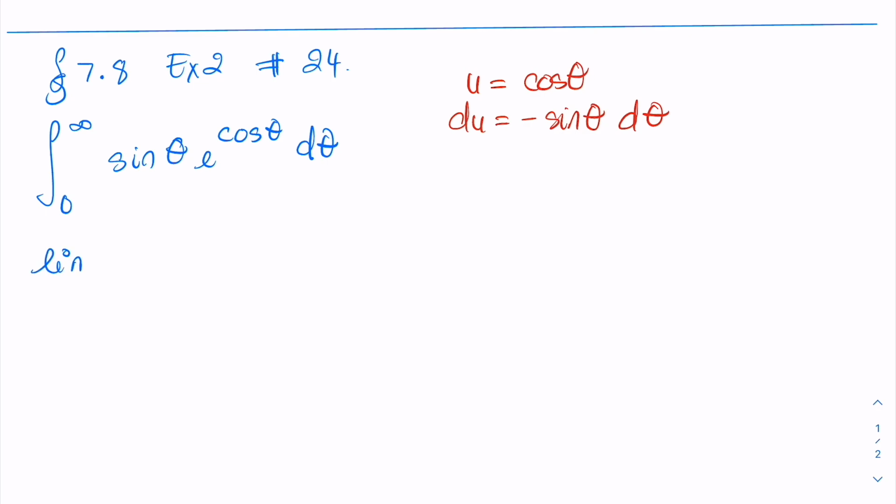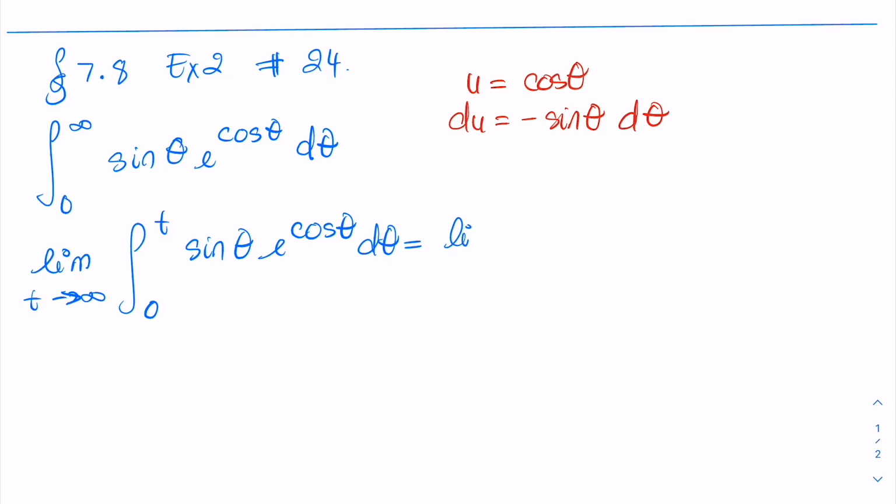So limit as t goes to infinity from 0 to t, sine theta e to the cosine theta d theta is going to be the limit as t goes to infinity.